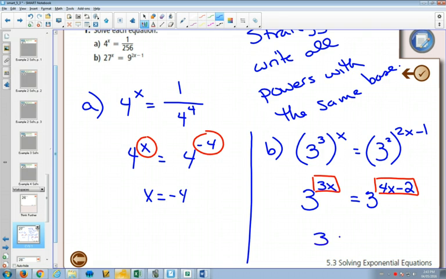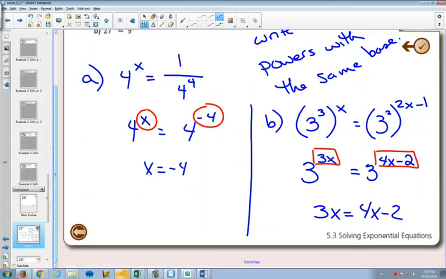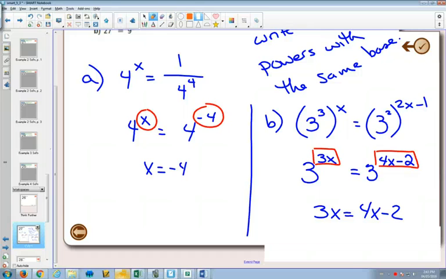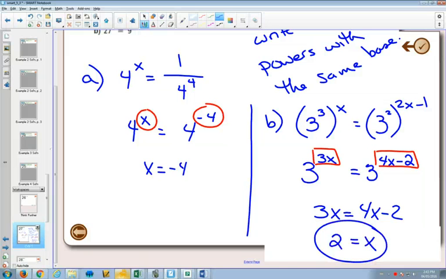So you can write that out. I know that 3x has to equal 4x minus 2. And solving that isn't very hard. Move the 2 over to this side, move the 3x over to that side, and we get x is equal to 2.